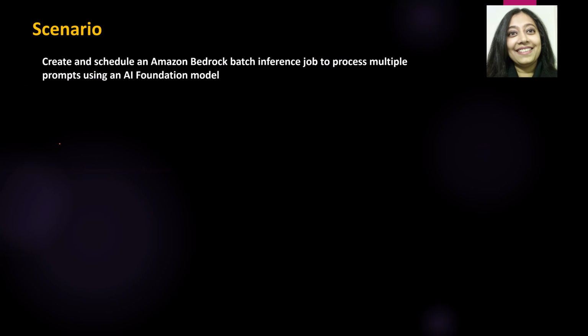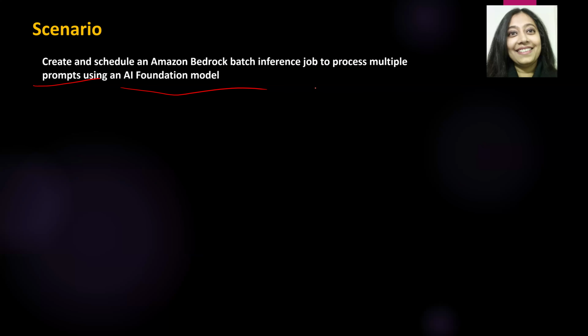Scenario for our lab today. We need to create and schedule an Amazon Bedrock batch inference job to process multiple prompts using an AI foundational model. So it's very simple, very straightforward. Normally, what we do is we give one prompt to the model and it processes that and gives us an inference.